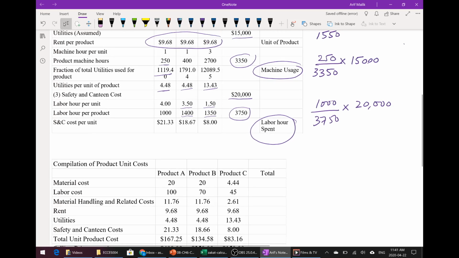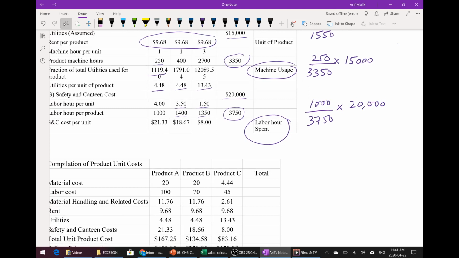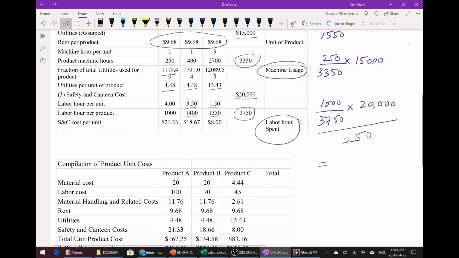And then if we just divide this by the number of products, 250, we will get the safety and canteen cost per unit for product A, which is $21.33 per unit. And the same way we can do it for product B and product C.